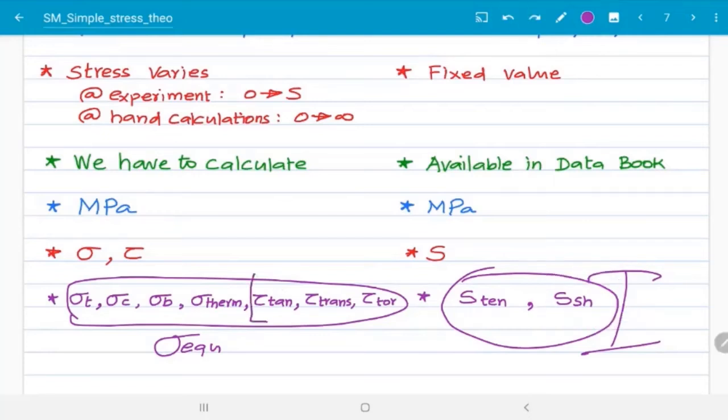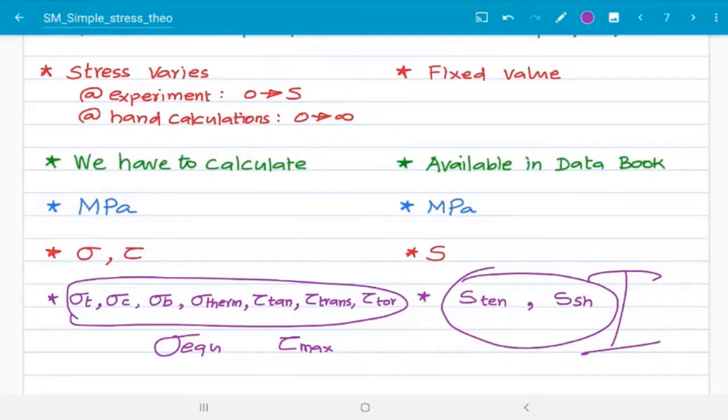You may think that you can select any one of the 3. That is also wrong. From all the 7 stresses, you have to calculate tau max, tau equivalent. The tau max would be calculated from the externally applied 7 stresses.